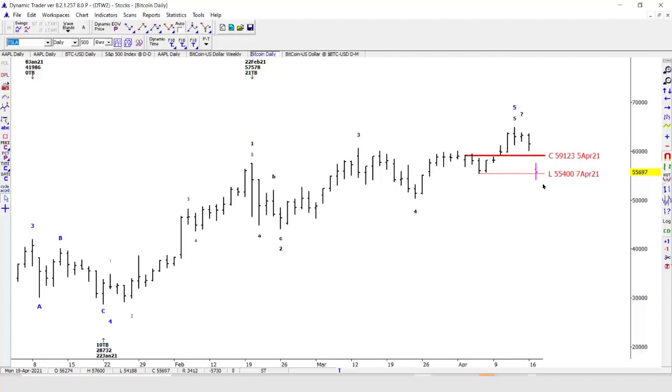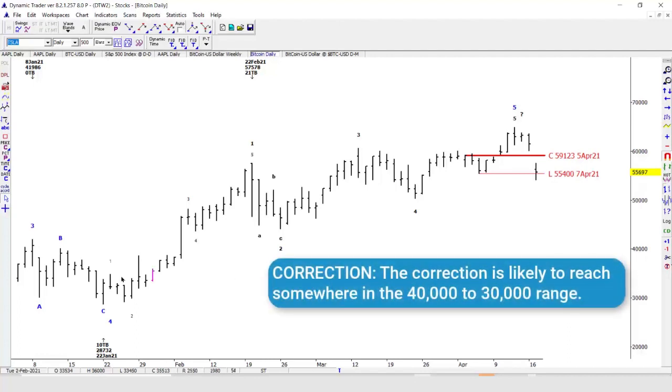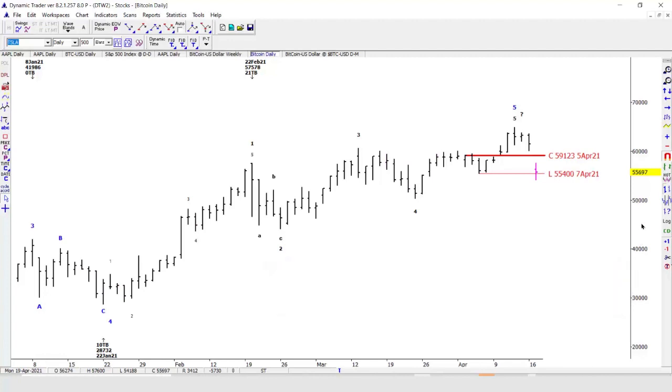Of course, the other is to avoid being long until it appears that a correction is complete, and even consider a short trade. We're at about 55, 56,000, and if the correction is going to be somewhere between 4,000 and 3,000, that would be typical down in the range of this wave 4, and typically it's near the extreme of the wave 4, which is around 3,000.